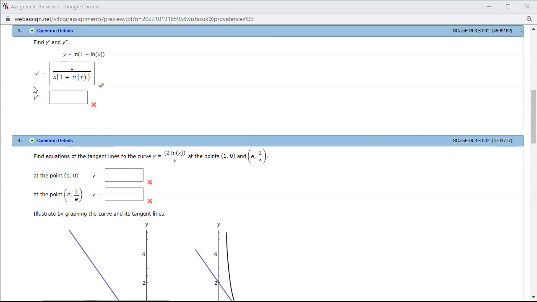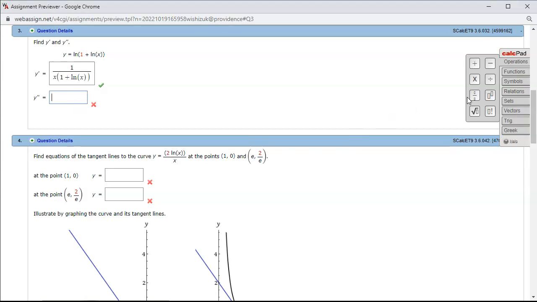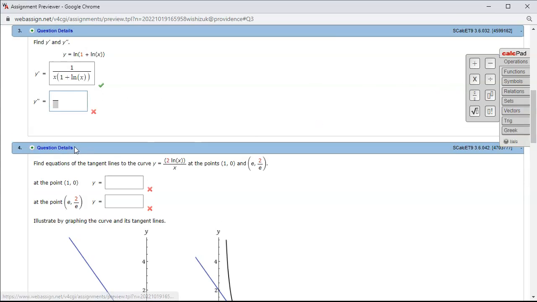Then for y double prime, we just have to take the derivative of this guy here. So I'm going to use the quotient rule. On the bottom, all you have to do is square this guy.